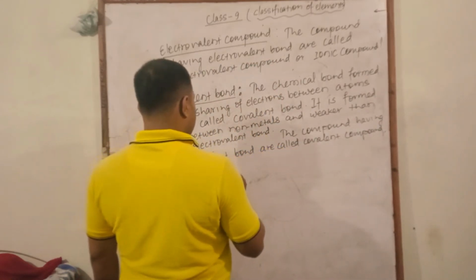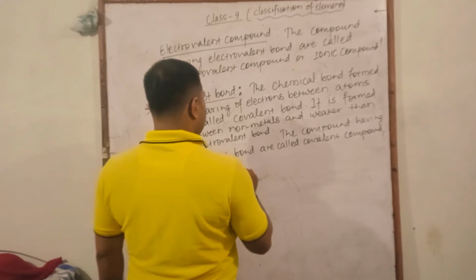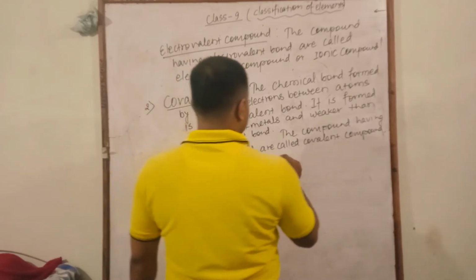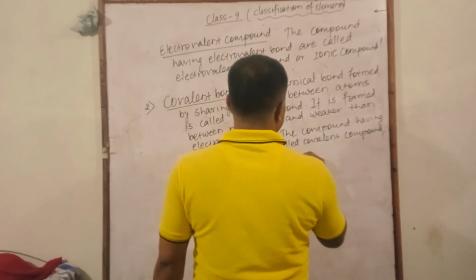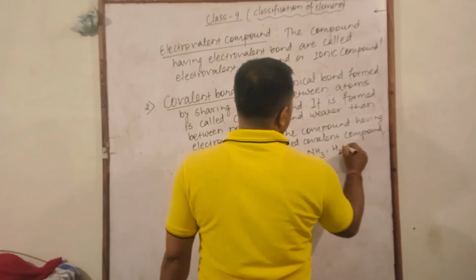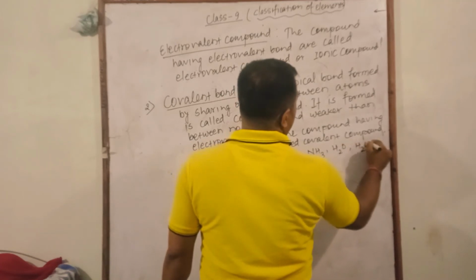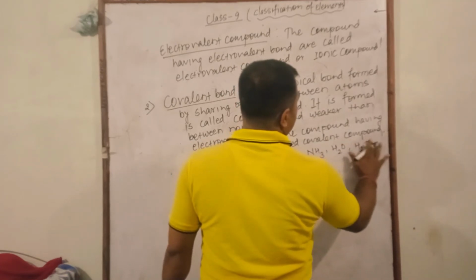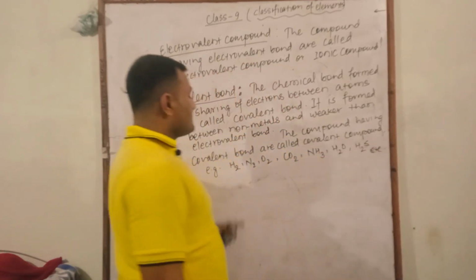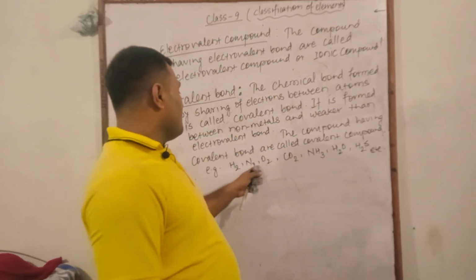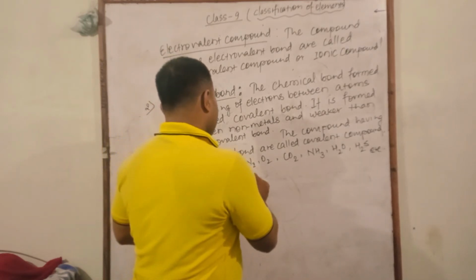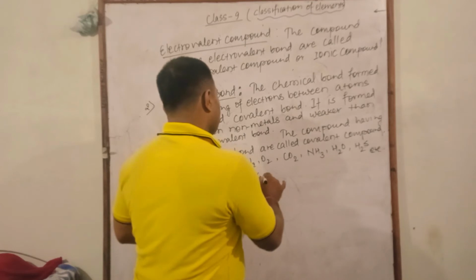As for example, hydrogen, nitrogen, oxygen, carbon dioxide, ammonia, water, hydrogen sulfide, etc. Such types of compounds; these are called homoatomic, like chlorine, bromine, iodine.